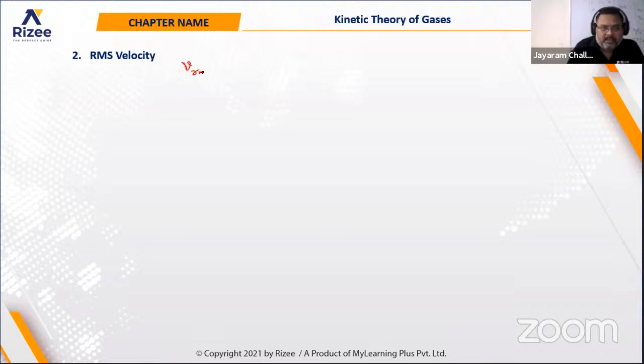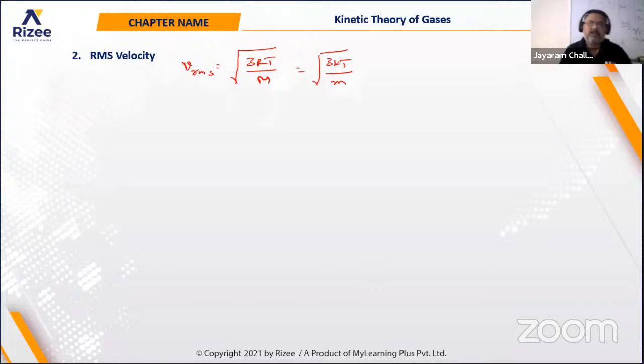So VRMS is equal to root over 3RT by molecular weight, or this can be written as 3KT, where K is called the Boltzmann constant. Capital M is the molecular weight, and it is a temperature dependent function.